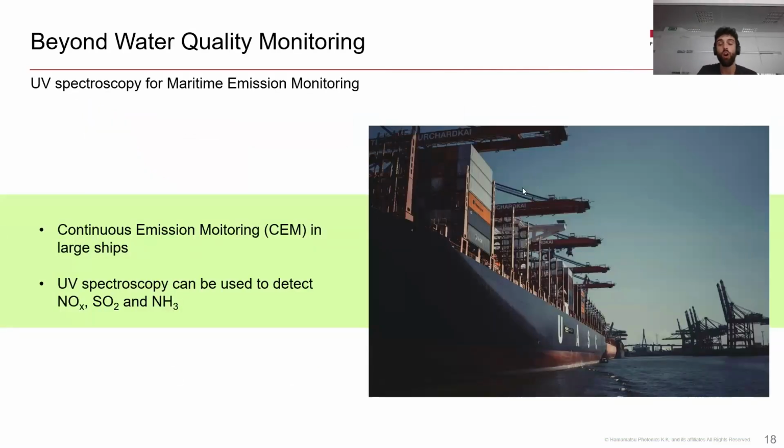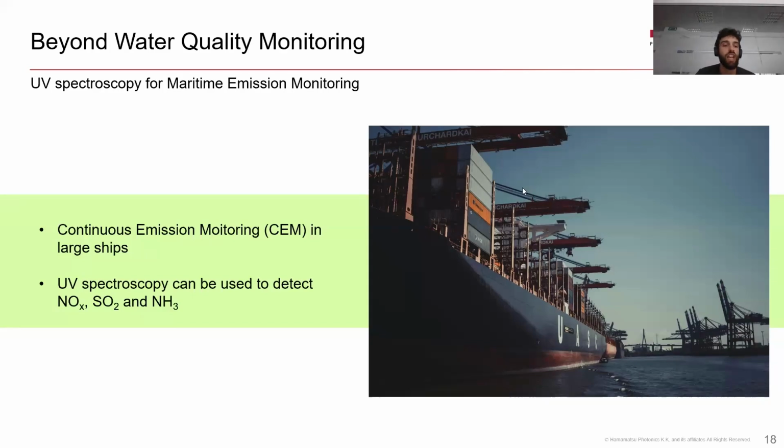Finally, I want to go a little bit beyond water analysis, and I want to mention an application which is kind of related to water, but is different. In fact, there is a certain regulation imposed to large ships to monitor their emissions whenever they get into harbors.